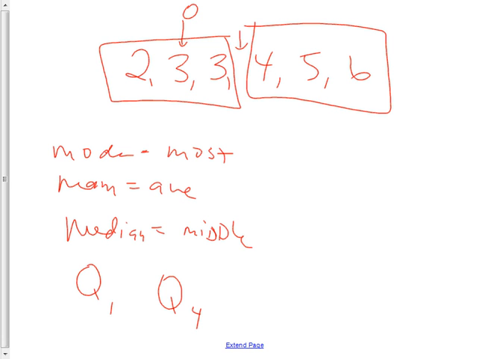That's Q1. Q2 is pretty much the middle of the whole thing, the median. And I'm sorry, I said Q4 and I meant Q3. Q3, there's no such thing as Q4. Q3 would be that 5 right there. It's the middle of the upper half.